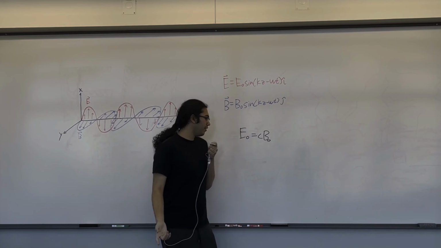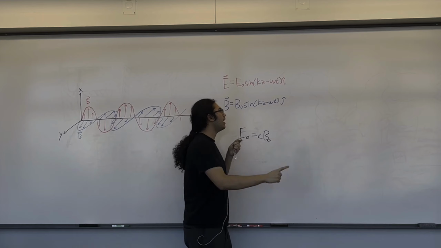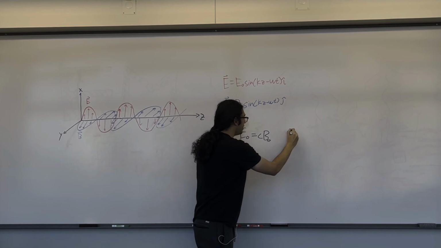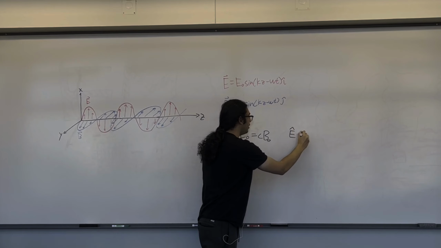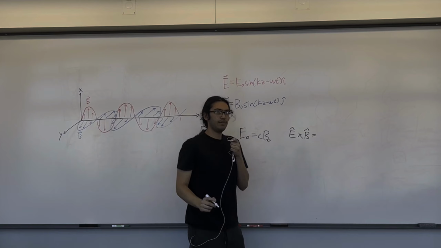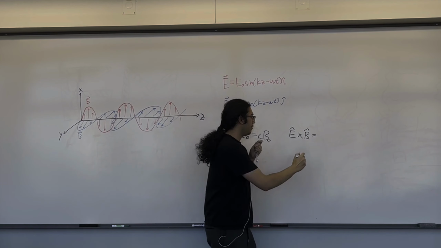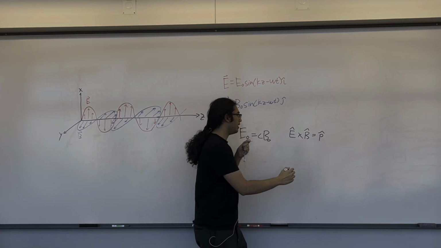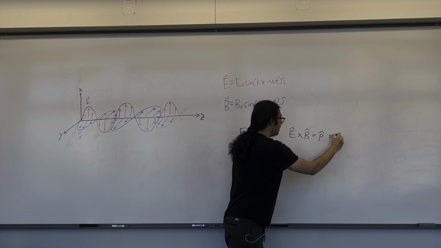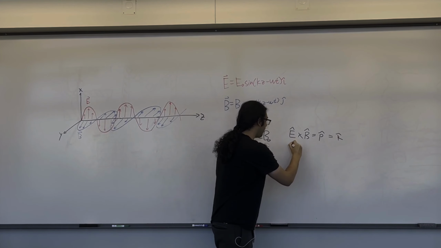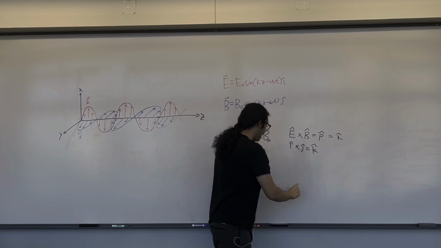Another important thing is that if you take the cross product of the E and B directions, which I will write like this, E direction cross B direction, you will end up getting the propagation direction, which I will write here as p hat. In this case, E cross B is going to equal the k direction, which makes sense because we have i cross j, which we know equals k.